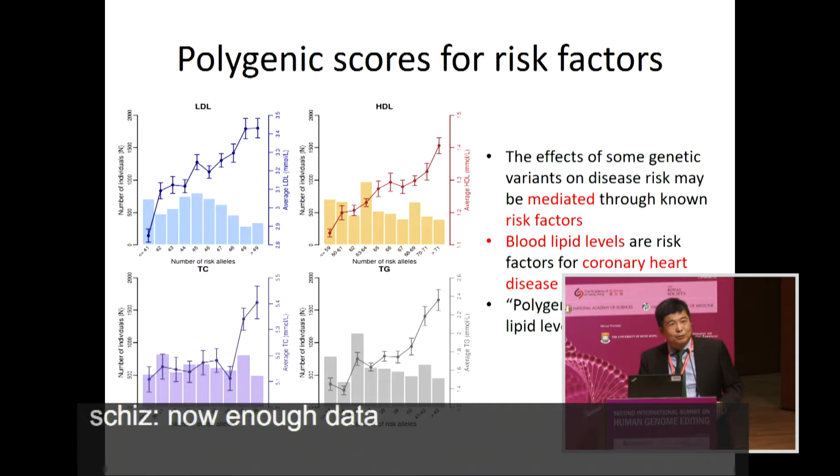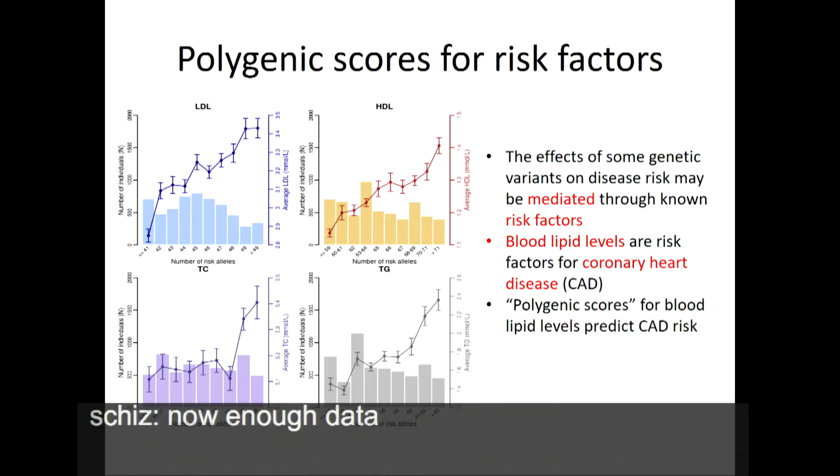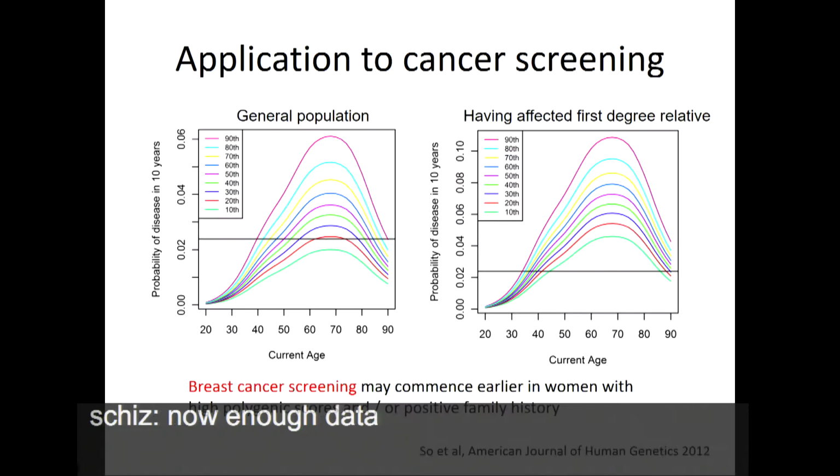And we can also construct polygenic scores for risk factors such as lipids, so not necessarily directly on the outcome, but also for risk factors, shown here.